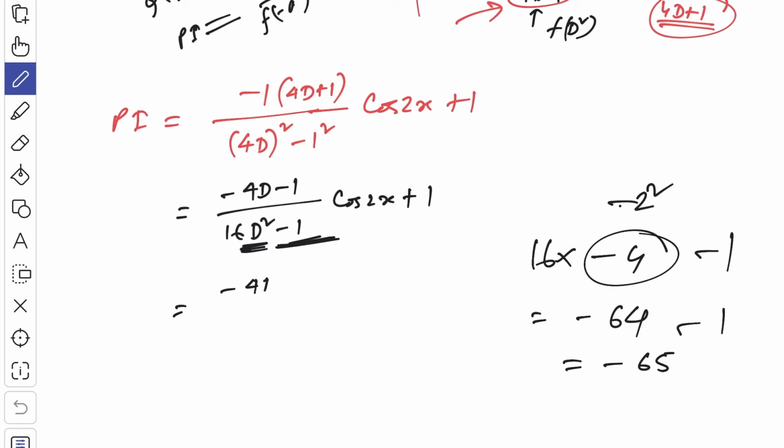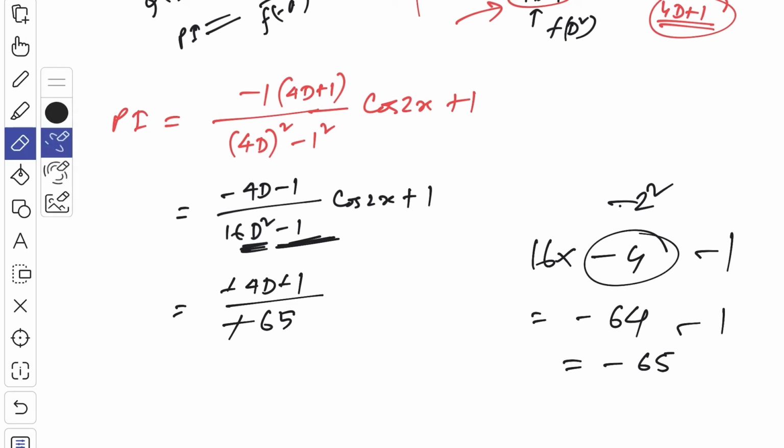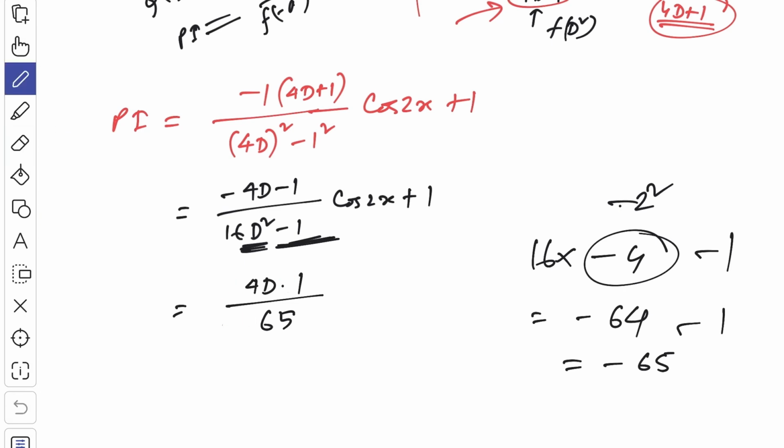So minus 4d minus 1 by minus 65. You can multiply both numerator and denominator by minus 1, then it will be 4d plus 1 by 65. That's what we will get. So hope you have understood this.